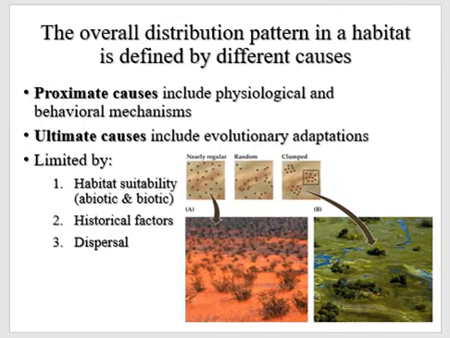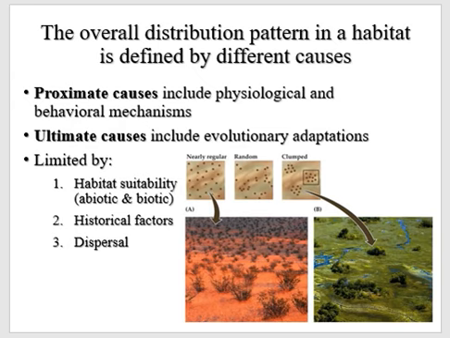Now, thinking about the different causes that create these distribution patterns across habitats, or why certain patterns will change in time, or why you'll see certain populations of species following one distribution pattern in this habitat type and a different distribution pattern in a very different habitat type, if you're talking about a generalist species.